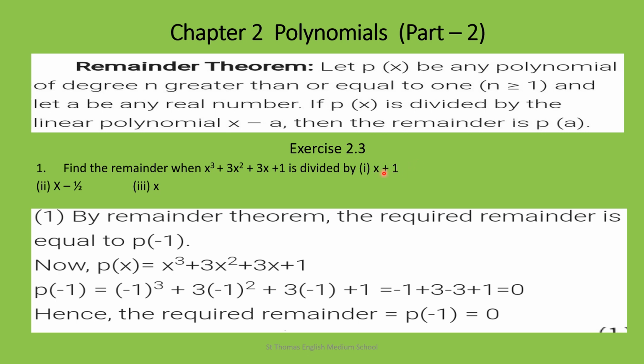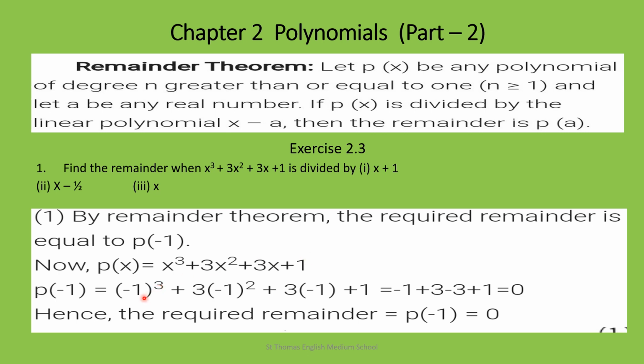So you will have x plus 1 equal to 0, x equal to minus 1. So when the polynomial p of x equal to x cube plus 3x square plus 3x plus 1 is divided by the linear polynomial x plus 1, if you want to get the remainder, directly you find p of minus 1. That is, replacing x by minus 1 in the given polynomial.